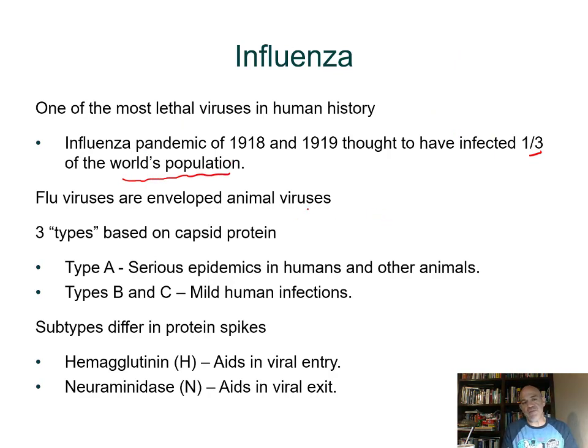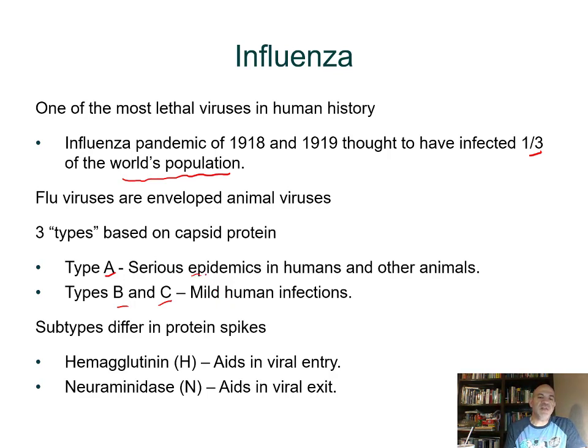The flu virus is an enveloped virus. There are three main types: type A, type B, and type C. Type B and type C are just human viruses, and these tend to give more mild symptoms. Sometimes you don't even know that you may have gotten the flu from those. And then you have type A, which is more serious.